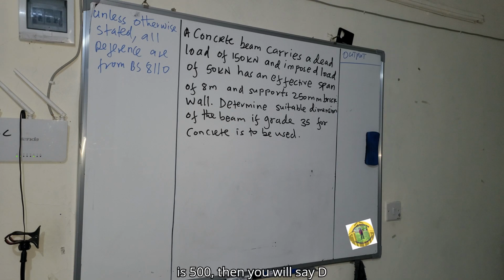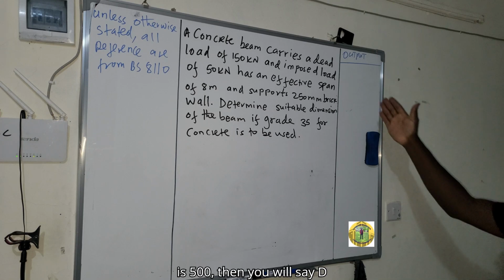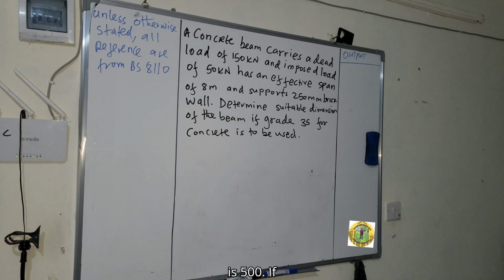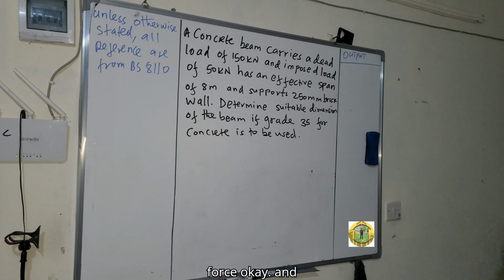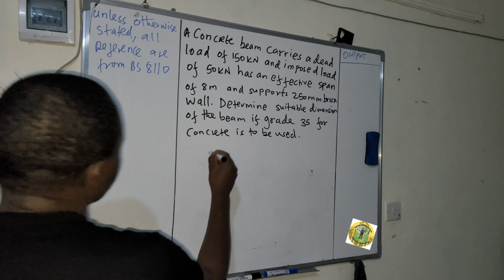If D is 500, then you will say D is 500. If shear force is okay, then you say here shear force okay, and so on. So let's start tackling this question. Solution.